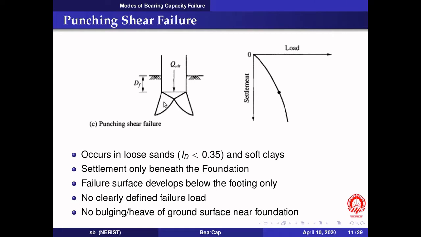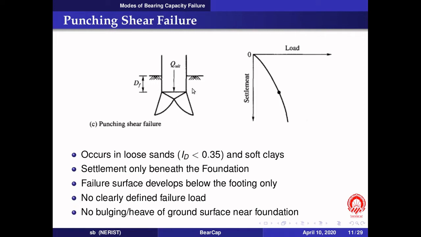And that is what is called punching shear failure, and it occurs in very loose sands where relative density is less than 35%, and it also occurs in soft clays, and the soil that is affected by settlement or straining is only directly beneath the foundation.